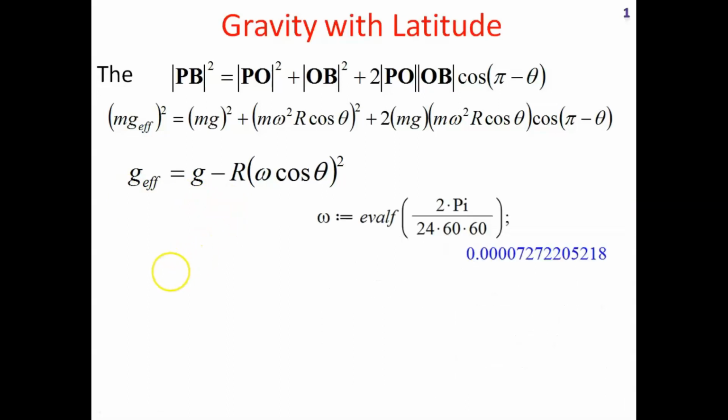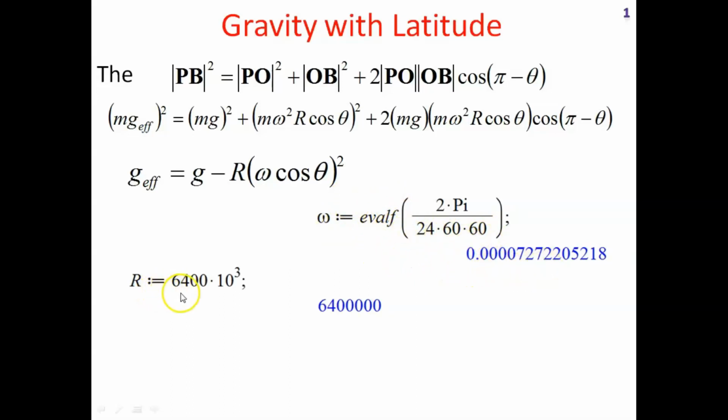Now if we calculate omega for Earth, omega will be 2 pi upon capital T. The value of pi is 3.14 and capital T is 24 hours. In seconds it will be 24 into 60 into 60. So this number gives you omega in second inverse.